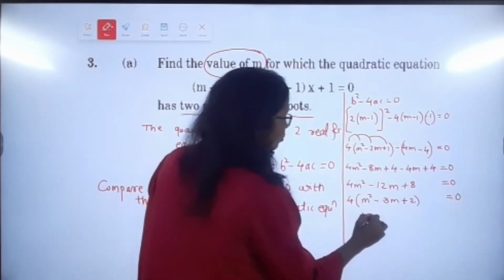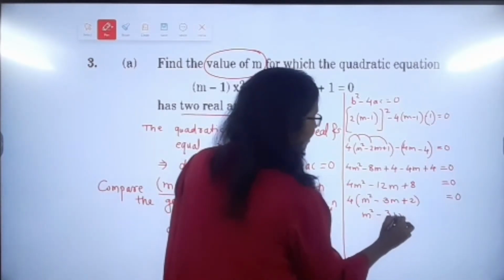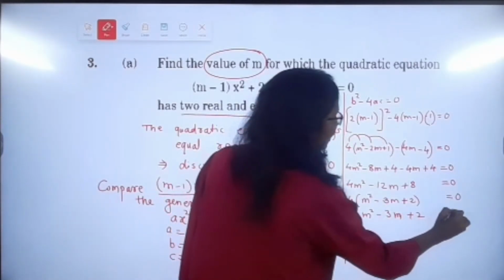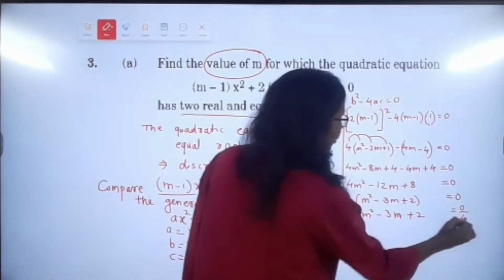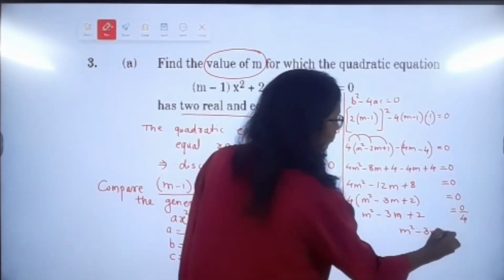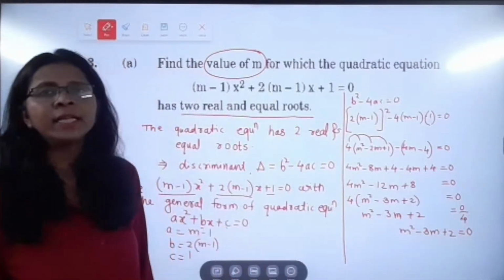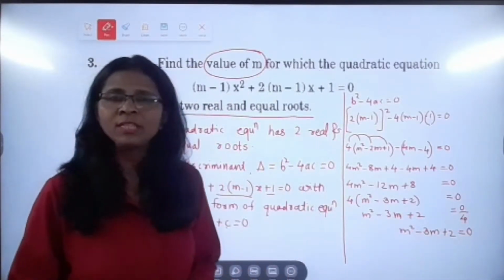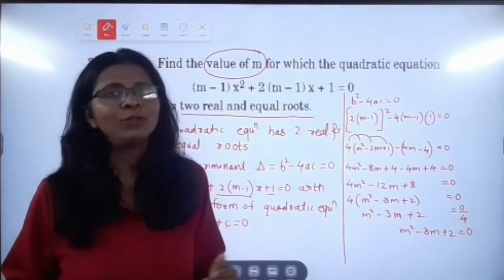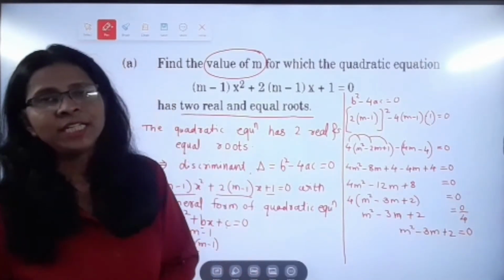Dividing by 4, m square minus 3m plus 2 is equal to 0. Now this is the quadratic equation students. After solving it, we can get the value of m. Very easy student.